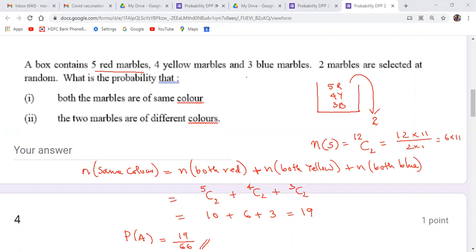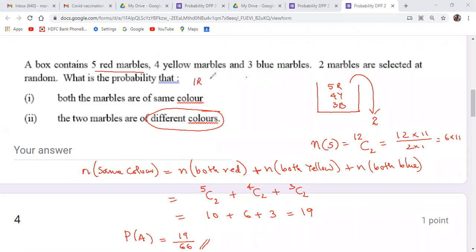Now, what do you mean by different color? That means 2 marbles of different color. If one is red, then the other should be of some different color. It can be either yellow or blue. So tell me all possibilities. Suppose the first one is red. What should the other be?